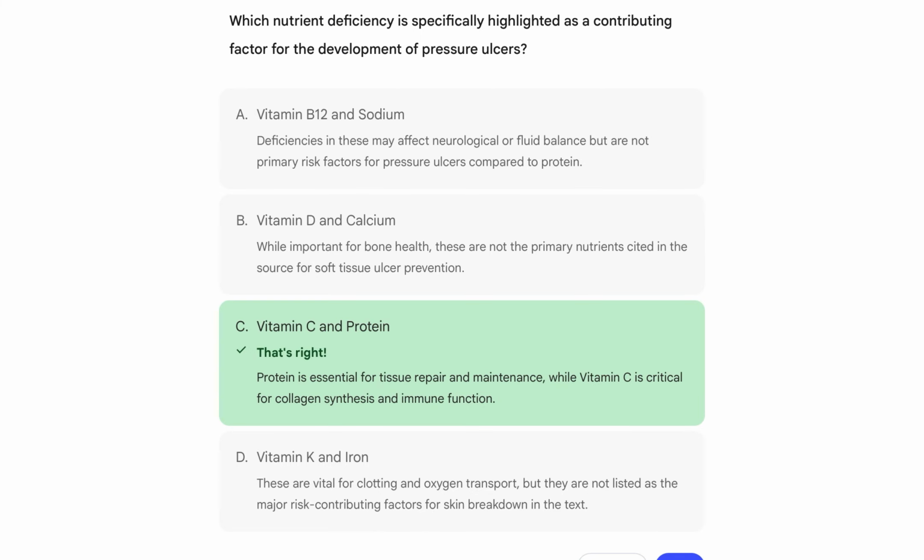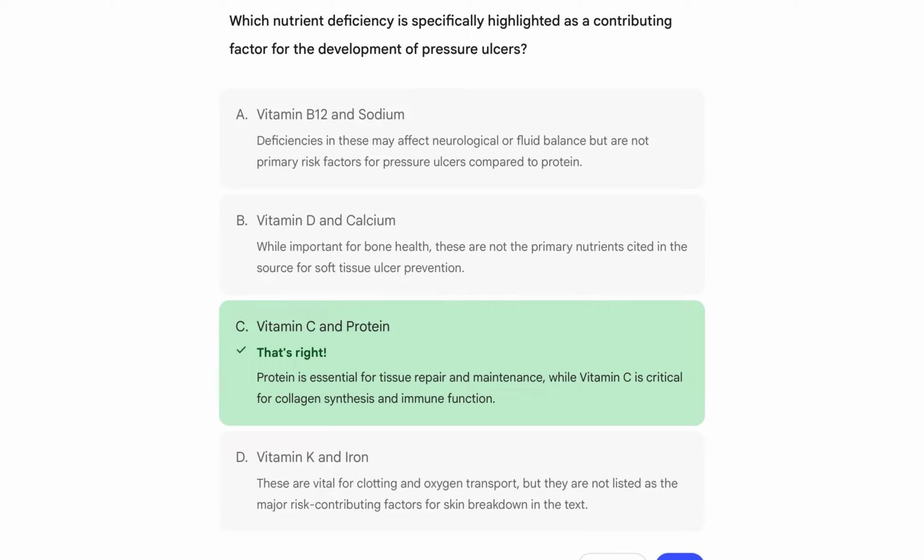Coming to vitamin C and protein, we have discussed that vitamin C is critical for collagen synthesis and immune function, and protein is one of the building blocks to build the layers of the wound.